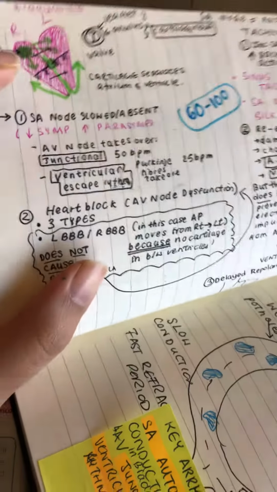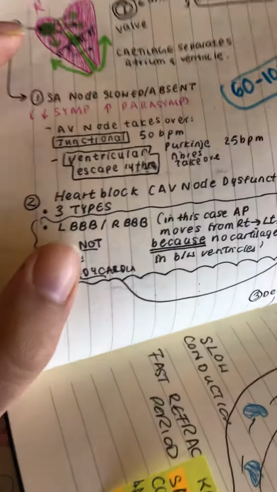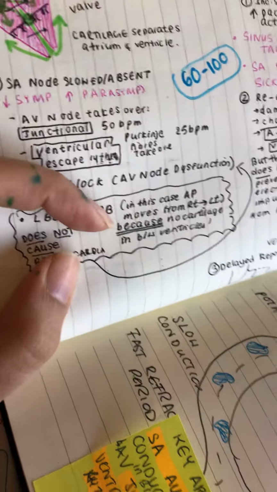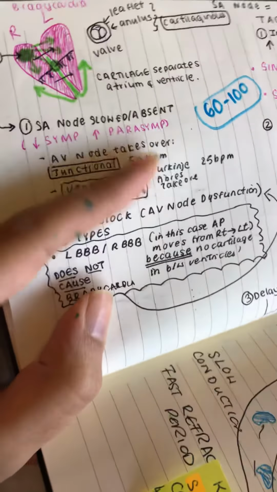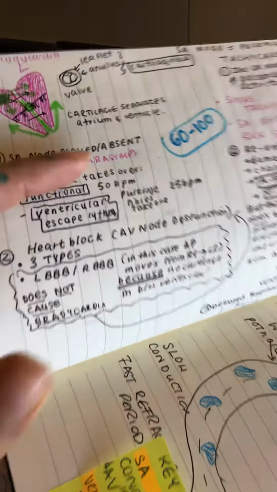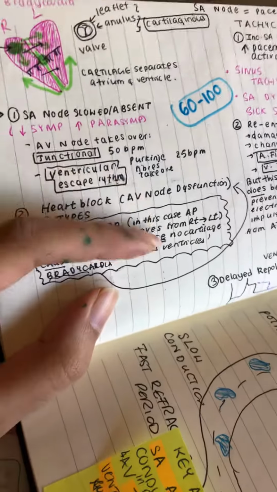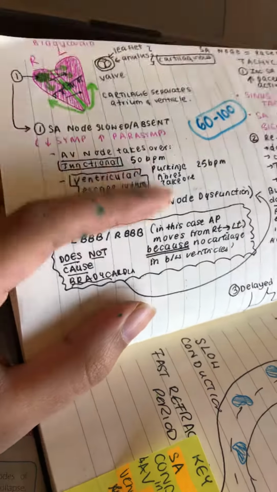Okay, fair enough. Now, what is a heart block or an AV node dysfunction? If you have a left bundle branch block or right bundle branch block, yes, that is going to slow down the overall conduction. However, in this case, you are not going to have bradycardia. Why is that?